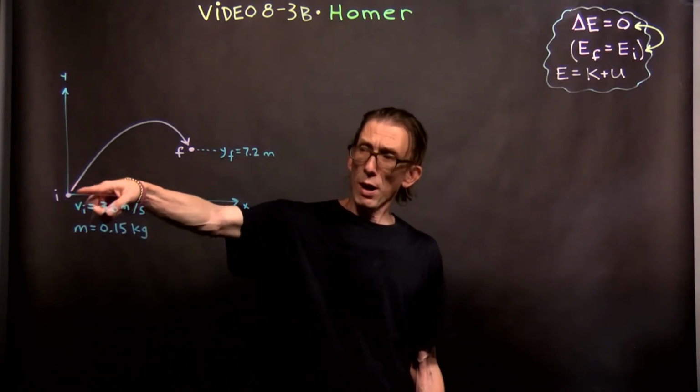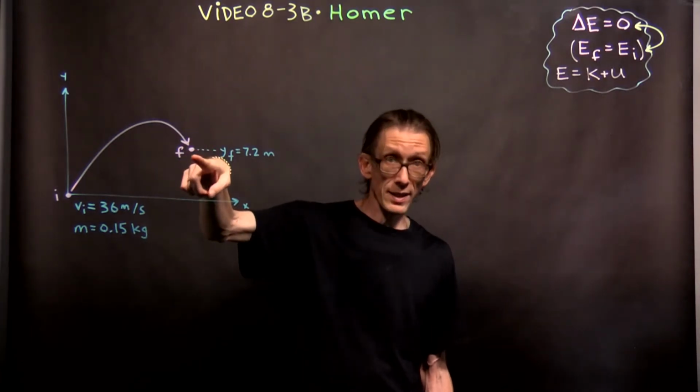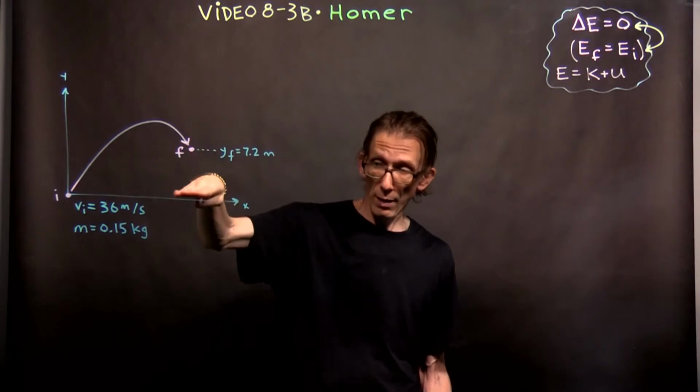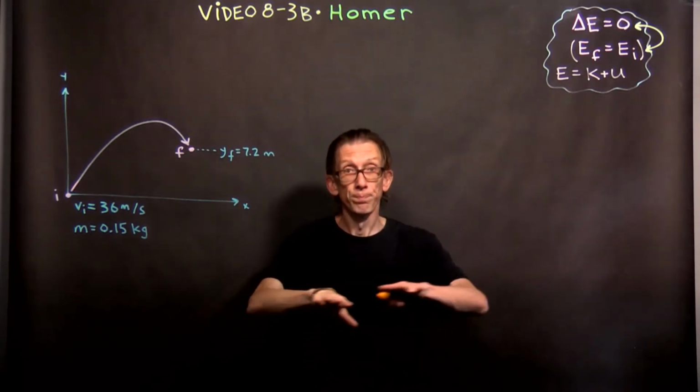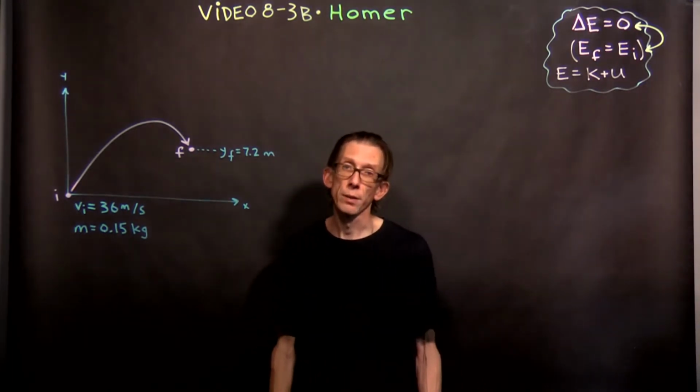So the batter hits the ball and it rises on its arc, but it's not going to hit the ground because it's going to land in the stands 7.2 meters above the field. So the final y position is 7.2 meters.